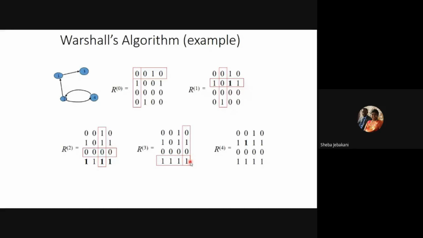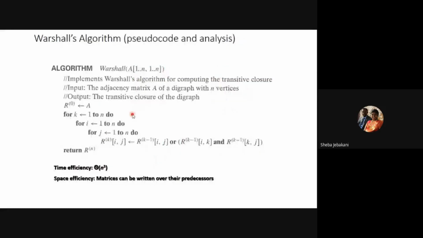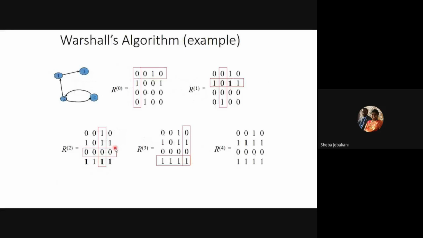Each time, we start checking each row with each column, so you have I and J, the row and column values. So what exactly I am saying is that this particular R of ij will be 1 if there's a 1 over here and there's a 1 over here.